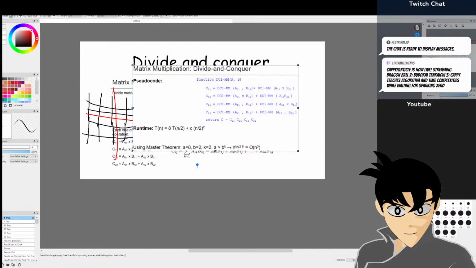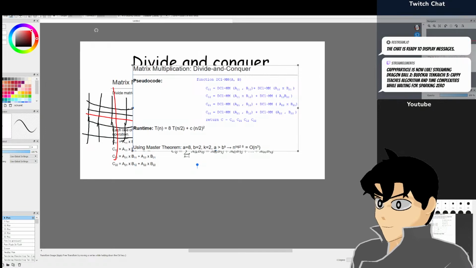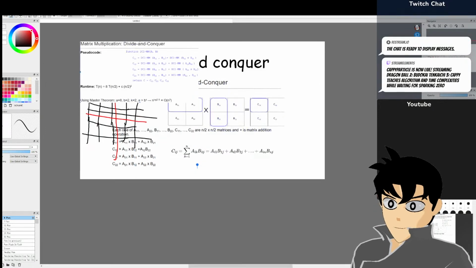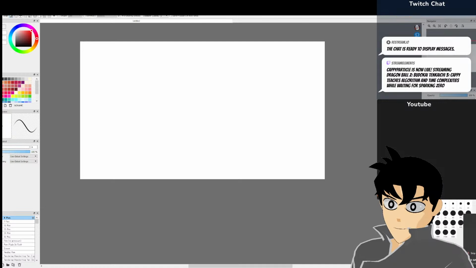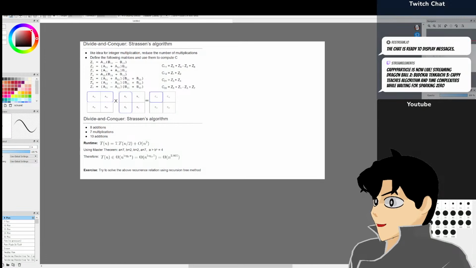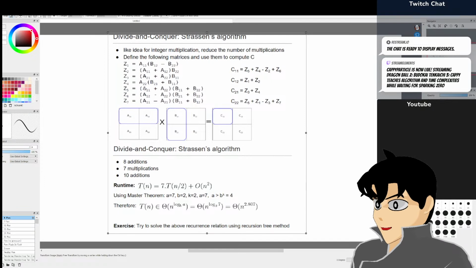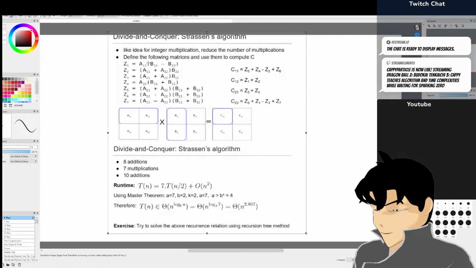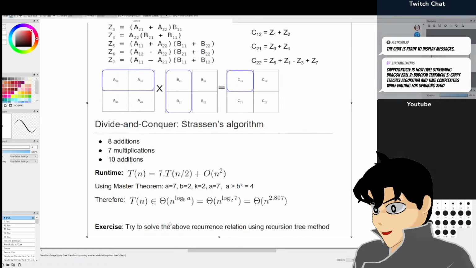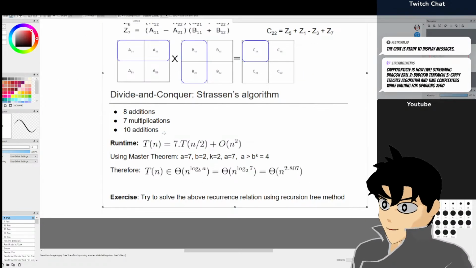Let me just... Paste. Alright. So from here, instead of it being multiplication, it'd be like this. It takes one less operation, basically. Which is 7 instead of 8.